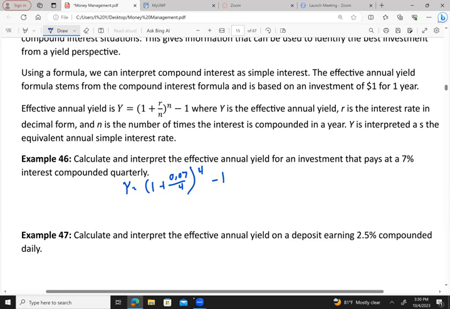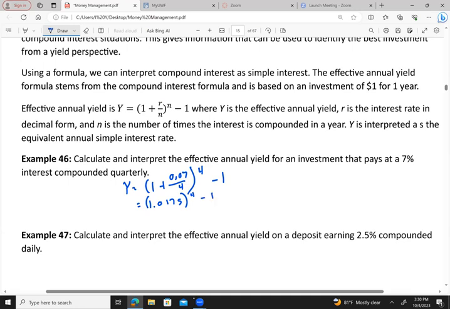So 0.07 divided by 4, add that to 1, and I get 1.0175 to the 4th power minus 1.